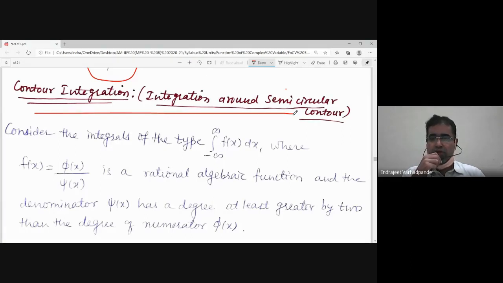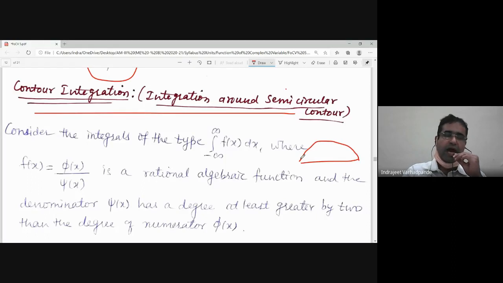When I say mod z equal to 1, it represents the circle with center at origin and radius equal to 1. But now, instead of the full complete circle or one complete rotation where the integration limits were 0 to 2 pi, here I will be talking only about the semicircular contour. Semicircle means half of the given circle, right? There we had defined the given question as containing a rational algebraic function of theta, and the limits of integration were 0 to 2 pi.